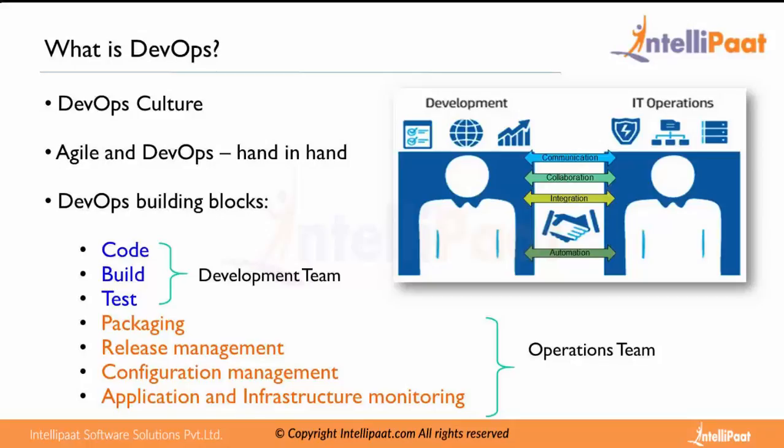The requirement for agile to be successful is what DevOps actually derived from and came into existence. We all know that the agile development methodology is primarily an effort to develop, test, and release the code for a particular feature in small iterations.